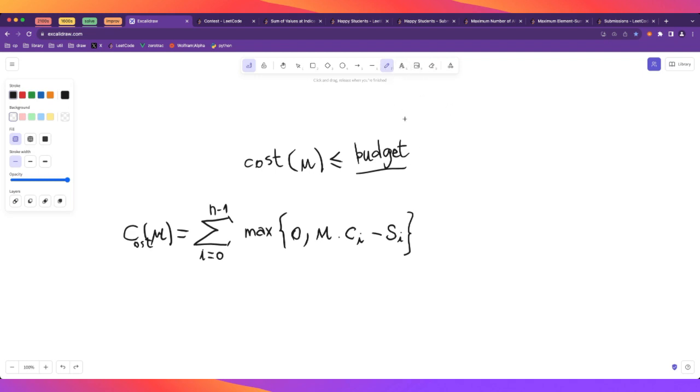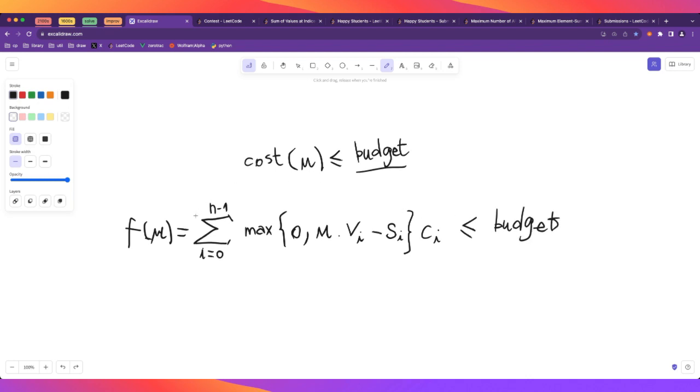I need more letters, I have a lot of collisions in my names. So how do we call this? B is the cost, and let's call this just f of u, the function. Anyways, we want this to be less than or equal to the budget.